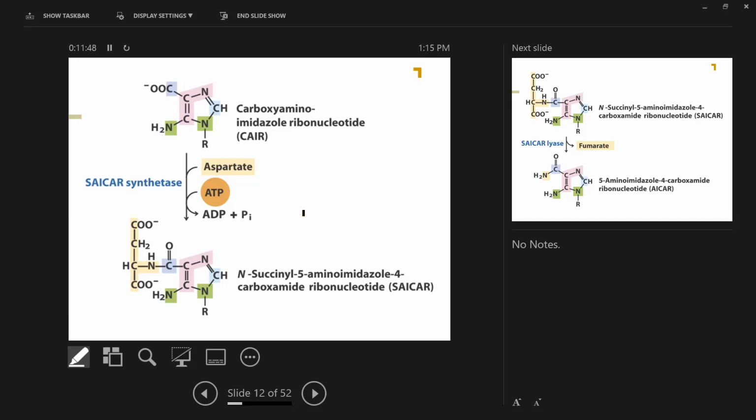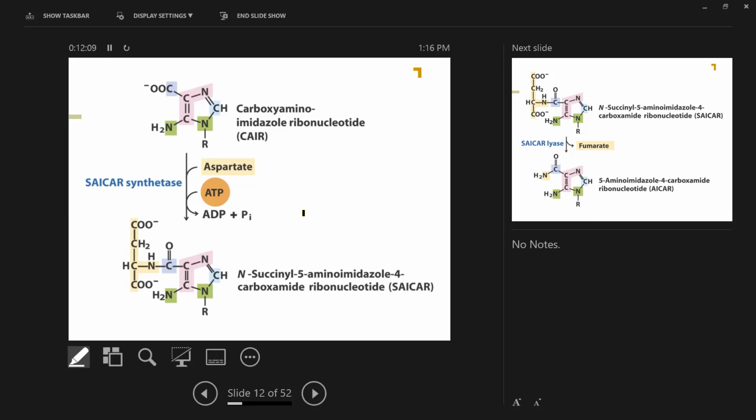So 5-aminoimidazole-4-(N-succinylcarboxamide) ribonucleotide, mercifully abbreviated to SAICAR. Now, just based on what you remember from the urea cycle, what do you think is going to happen?